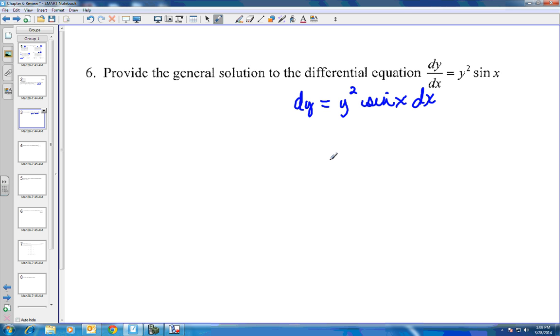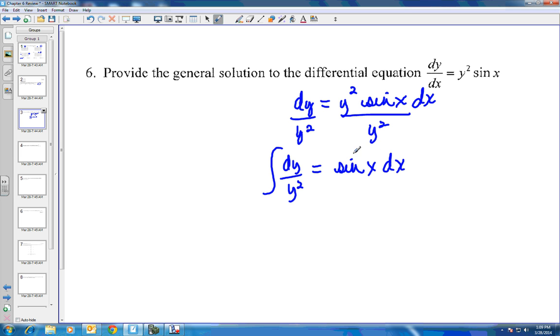And then what am I going to do next? Okay, I have to get my y's on the left-hand side, so I'm going to divide by y squared. So now I have dy over y squared equals sine x dx. So I separated my variables. Now I'm going to have to show that I'm integrating both sides.